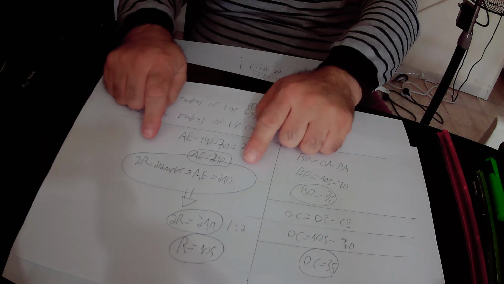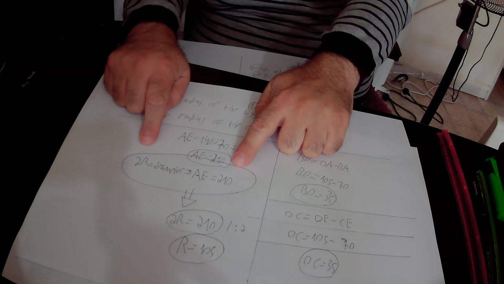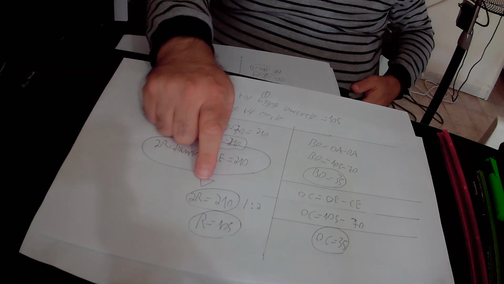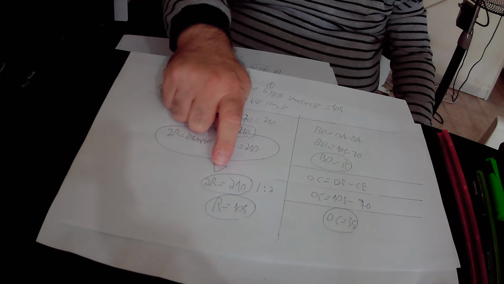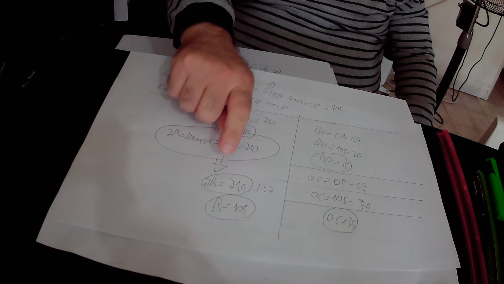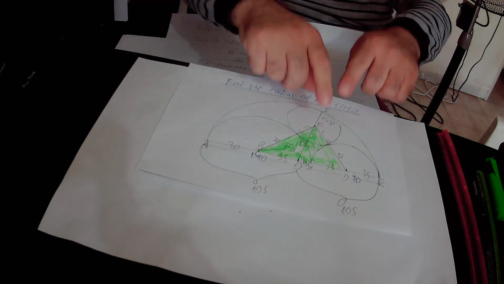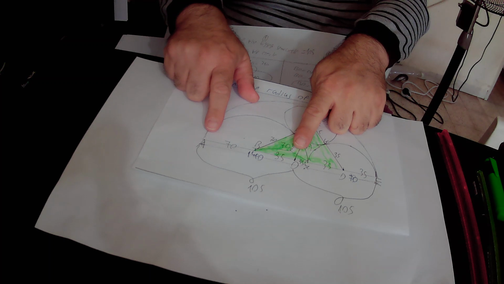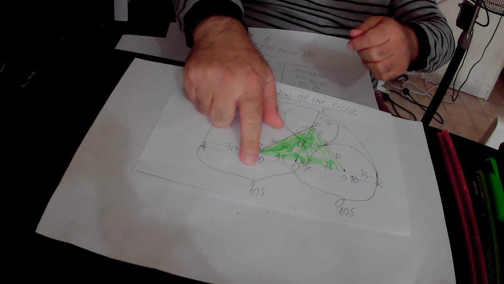So we derive that 2R equals 210. We divide this equation by 2 and find that R equals 210 over 2, that is 105 units. So the radius OE equals 105, and the radius OA of the biggest semicircle equals 105 units.